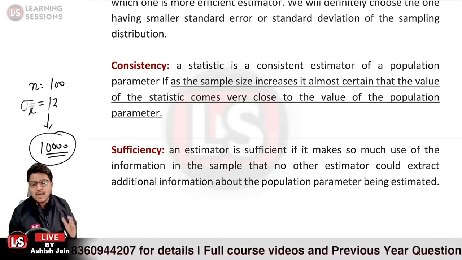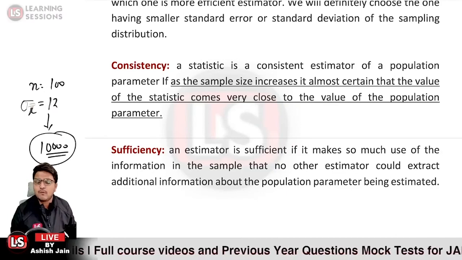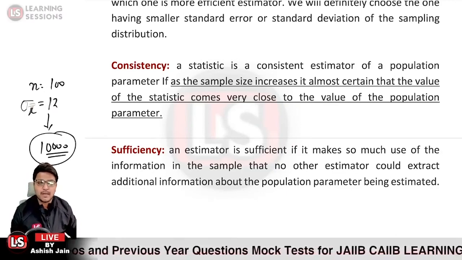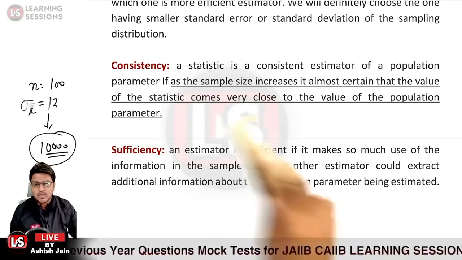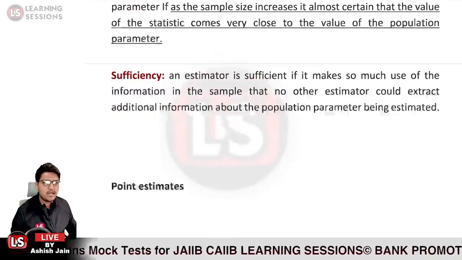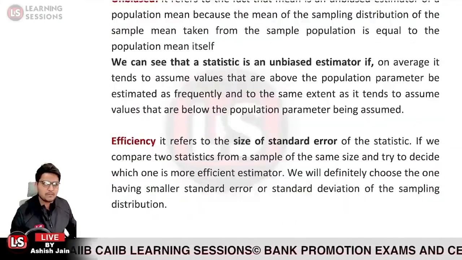So our estimator must be such that we extract most of the information, and no other estimator can be used in that manner. That is related to sufficiency. So these are the characteristics, we can say, of the criteria for selecting a good estimator.